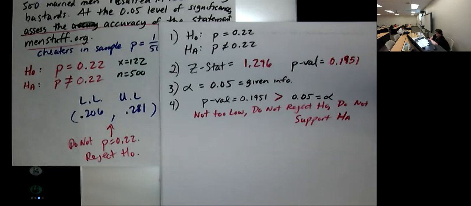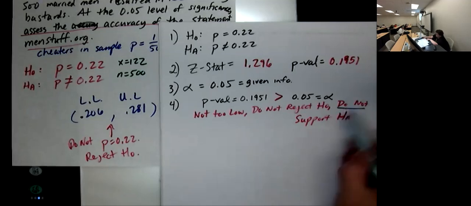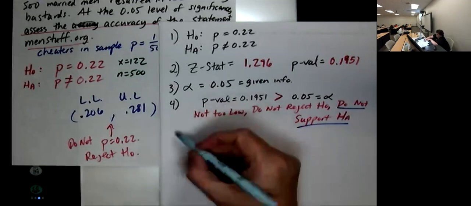So it's not too low. We're not going to reject H naught. We're not going to support HA. This is what we're going to focus on in our statement of conclusion.